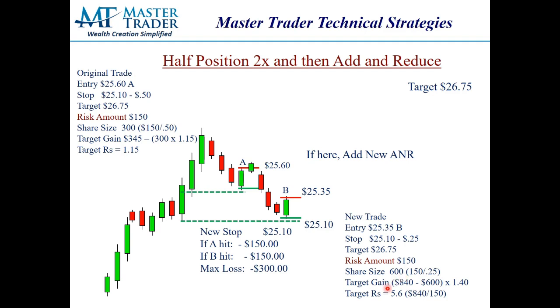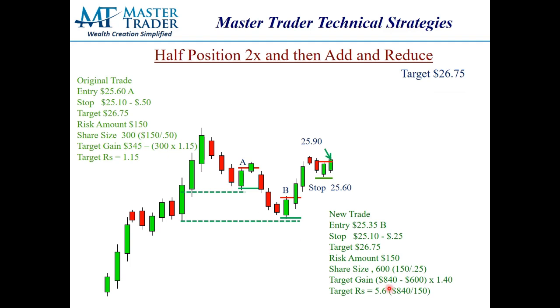And if that makes it to our target area, our gain will be $840, our 600 times the $1.40 to the target at that point. And that would give us 5.6 R on our $150 risk. So at this point, we're risking our $300, $150 on trade A, $150 on trade B. And here's our two trades that we have working.